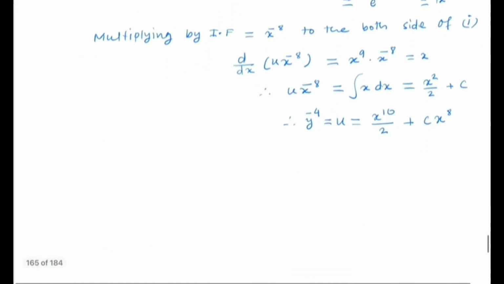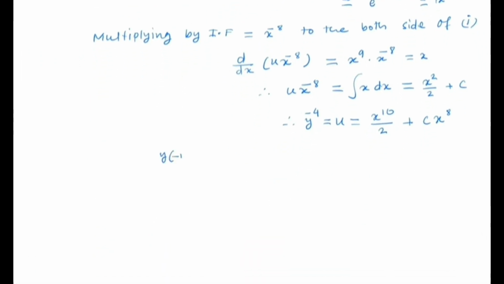Now we have the initial value condition: y of minus 1 is equal to 2. So y of minus 1 is equal to 2 gives 2 to the power minus 4 is equal to minus 1 to the power 10 by 2 plus c times 1, which is 1 by 2 plus c, and this is nothing but 1 by 16.